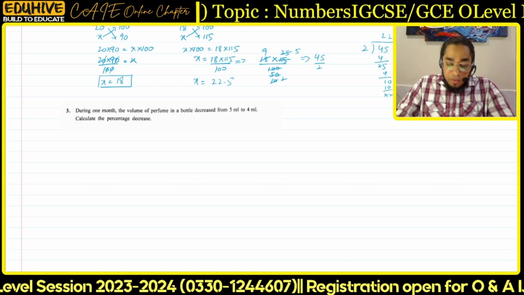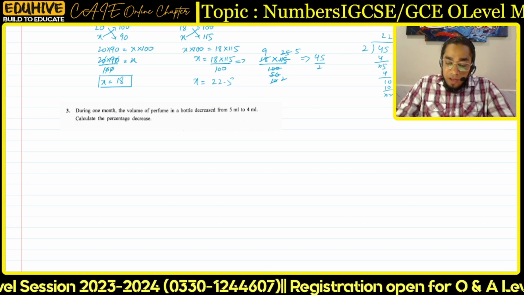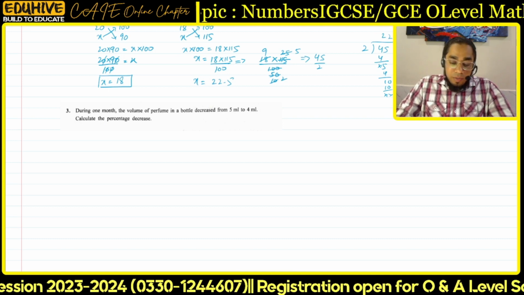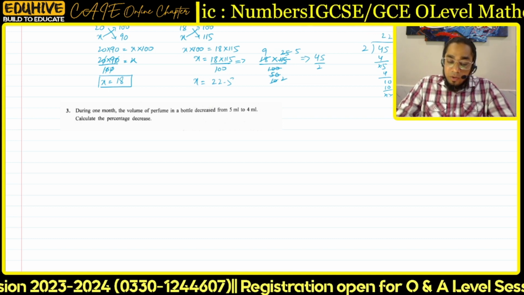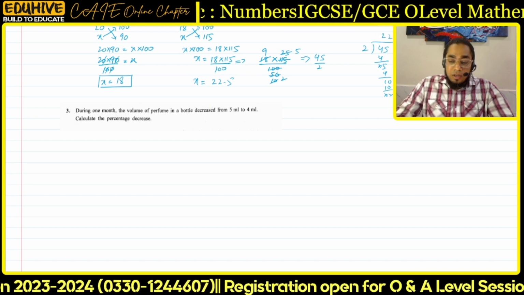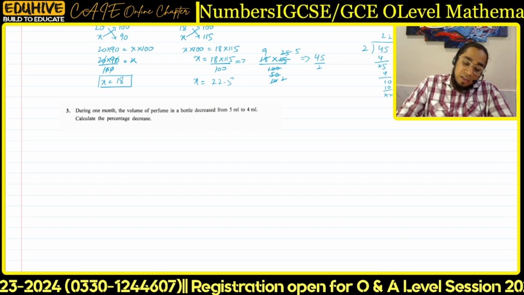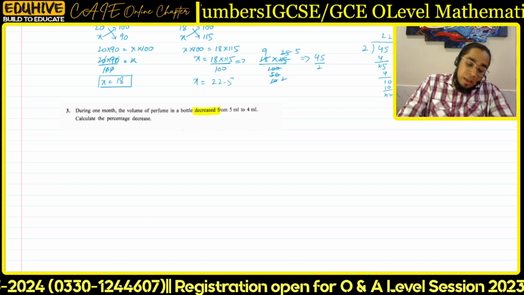During 1 month, the volume of the perfume in a bottle decreased from 5 ml to 4 ml. Calculate the percentage decrease. So here we do not know about the percentage, and you are going to calculate how we are going to say that the percentage will decrease or increase, because it is written over there that the percentage will decrease.